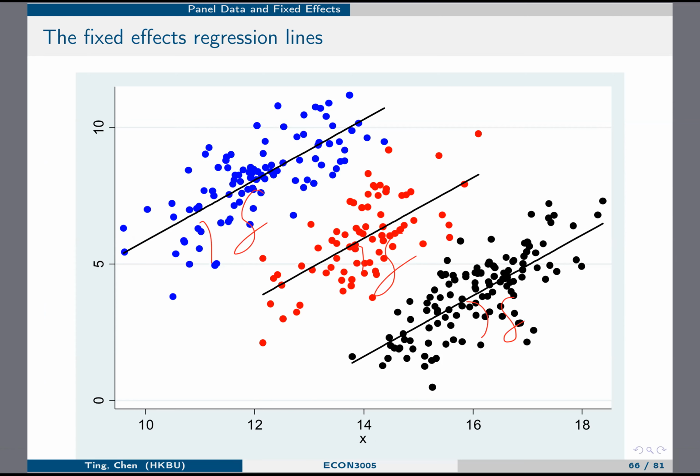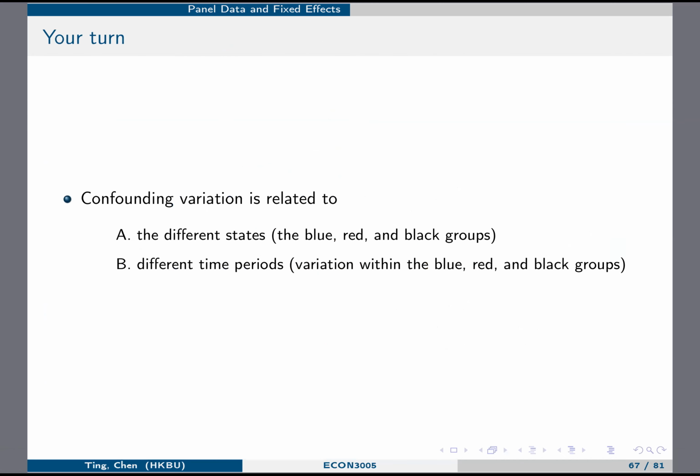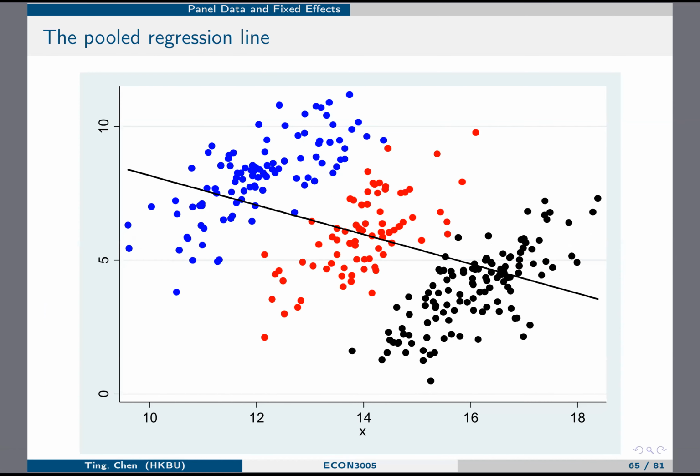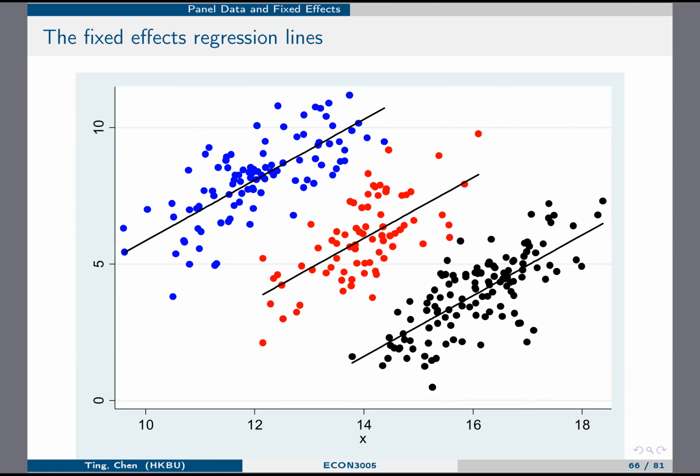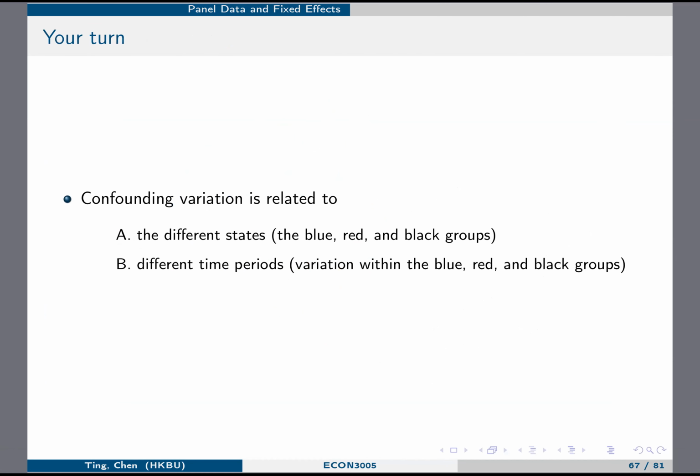So the question actually asks, by running this regression with fixed effect, if you compare the first pooled regression line and the fixed effect regression line, where the confounding factor is coming from: the state or the year.